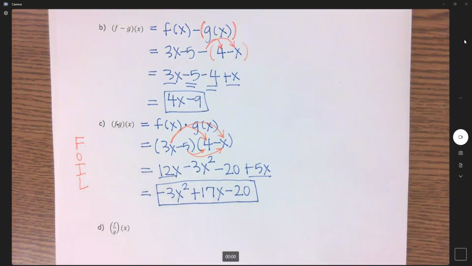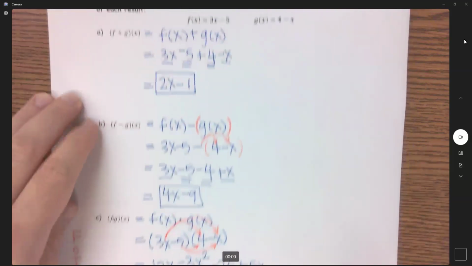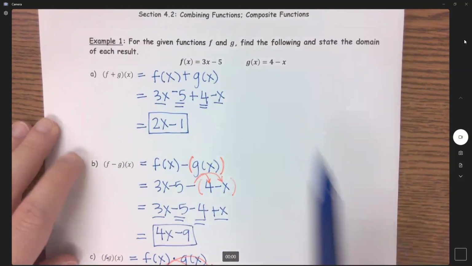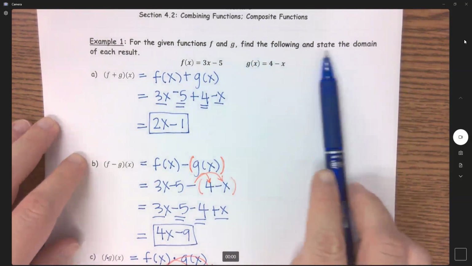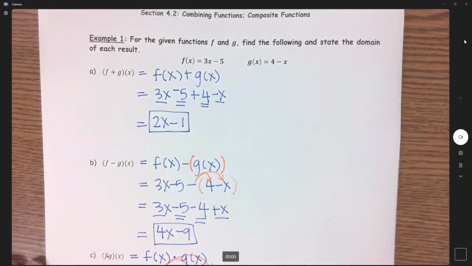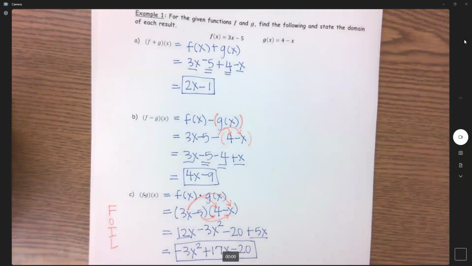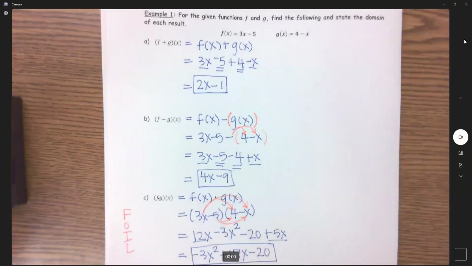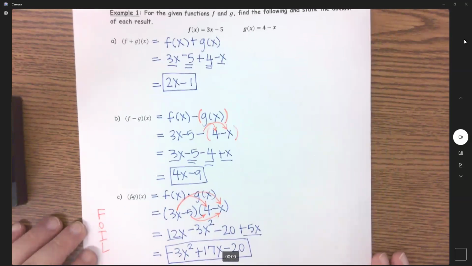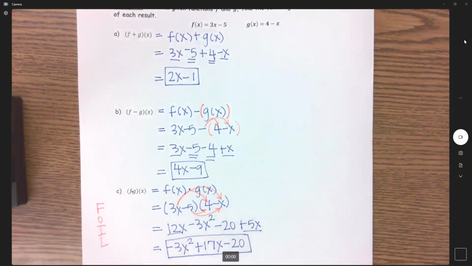Now, before we go over part D, I want to rewind and go back up for a second. It tells me here to not just find the following, but also state the domain of each result. I've waited till the end because these all have the same domain right here.